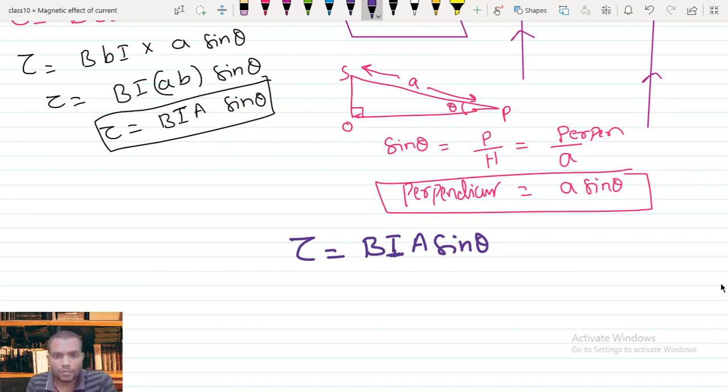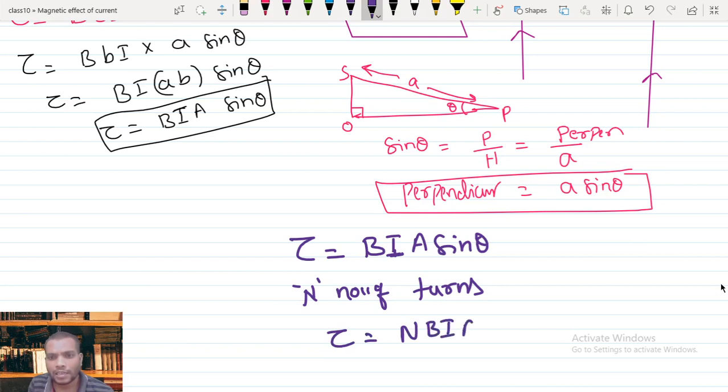Suppose the coil has capital N number of turns, then this tau expression changes to capital N times B I A sine theta.